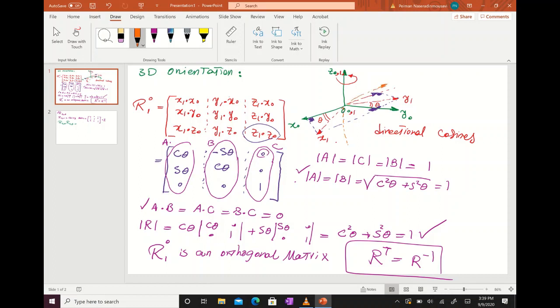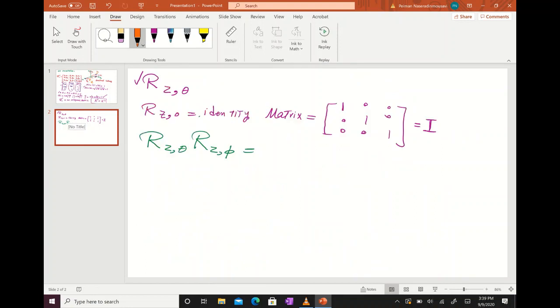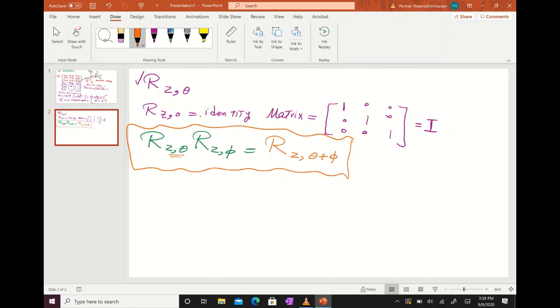So this is going to be x2 and y2, and another rotation phi. So if you want to find the first rotation around z, theta and phi, the result is going to be the rotation matrix of, simply you can add them, theta plus phi. That's right. This is very clear.